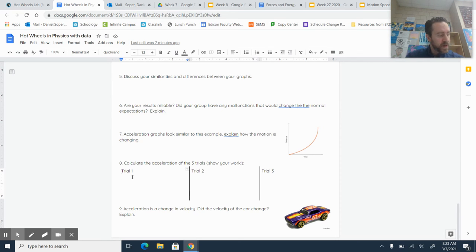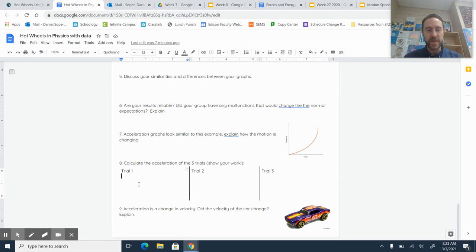What we're going to do is calculate the acceleration of the 3 trials. And once you've got your speed from the trials, we're just going to do from beginning to the end. So your initial speed would be 0, and then your final speed.